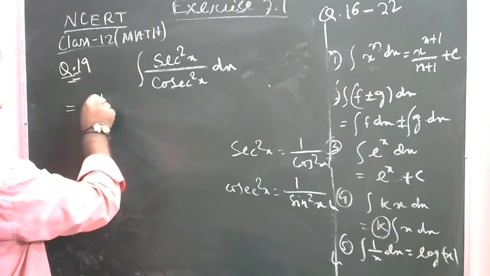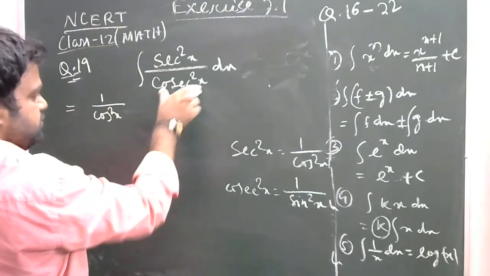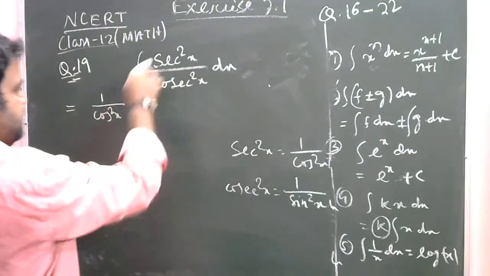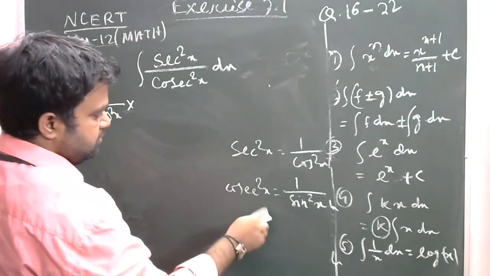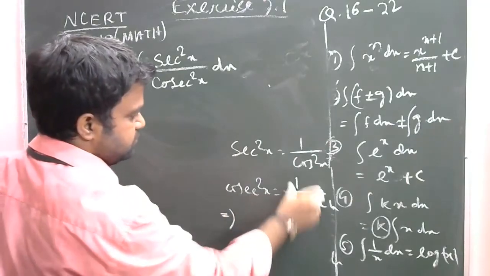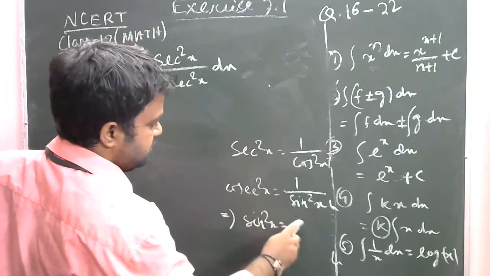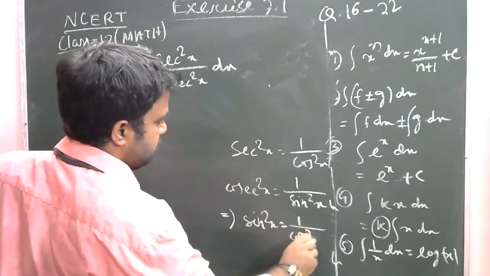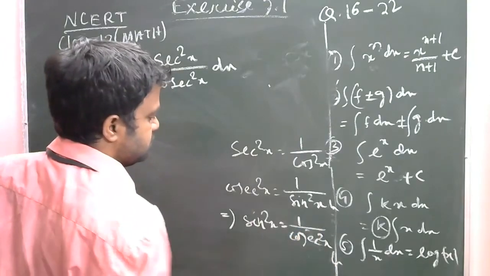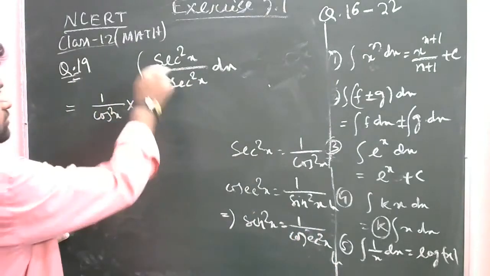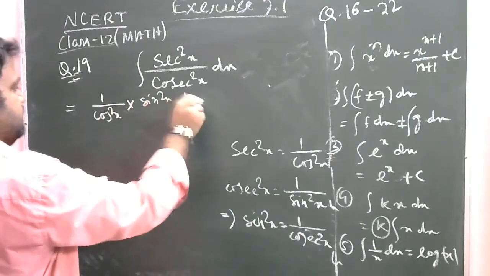Sec square x is 1 upon cos square x, and 1 upon cosec square x is sin square x. Since cosec square x is 1 upon sin square x, sin square x will come up. So I can write this as sin square x dx.